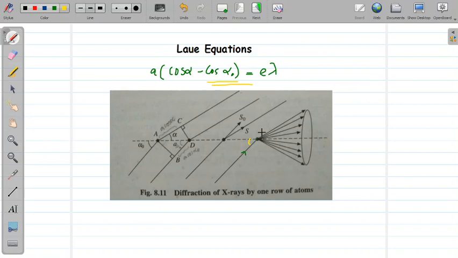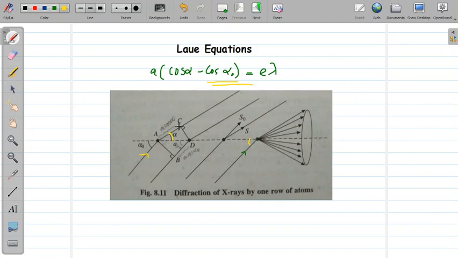But the point to be noted here is that the alpha need not be in one plane. Here you can see, initially in this part, this is the incident beam making an angle alpha 0. Then we have the diffracted beam making an angle alpha.